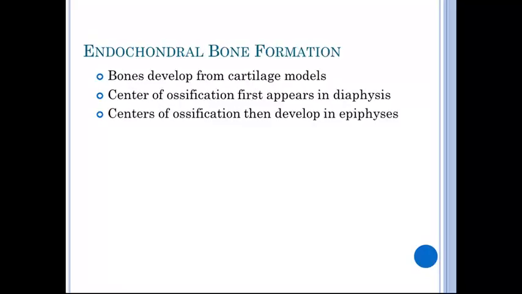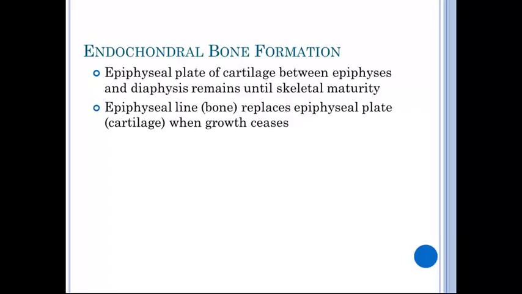Bones develop from cartilage models, and the center of ossification first appears in the diaphyses. Centers of ossification then develop in the epiphyses. Growth ends when all epiphyseal cartilage has become bone. The epiphyseal plate of cartilage between epiphyses and diaphyses remains until skeletal maturity.